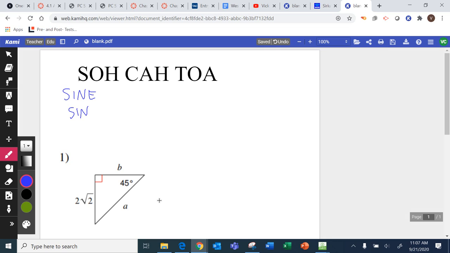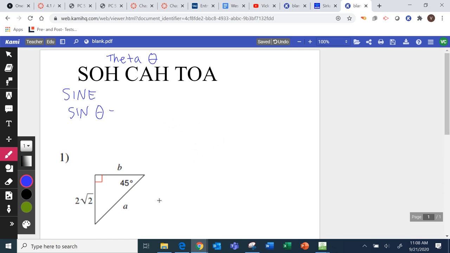There's always an angle that the sine is of. I'm going to call that angle theta. Occasionally there might be angle A or something like that, but since this triangle is not labeled, I'm going to call it sine theta.